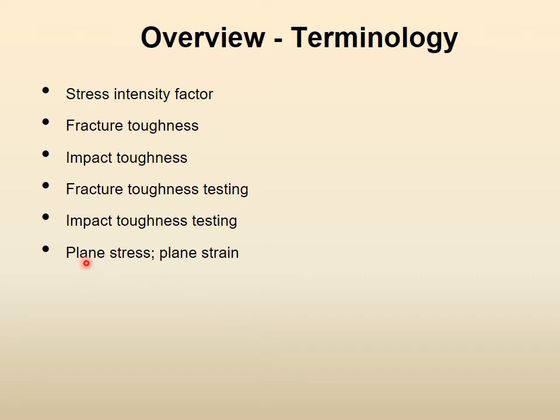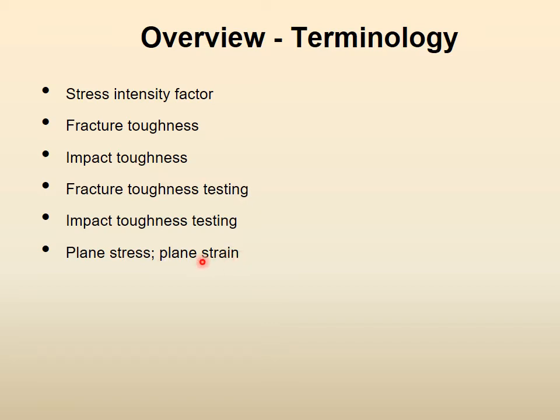Normally everything in reality is X, Y, Z, 3 planes. But if one of these stresses, sigma X, sigma Y, sigma Z, is very small compared to the other two, then you can neglect the 3D approach and you can treat it as a plane stress problem.